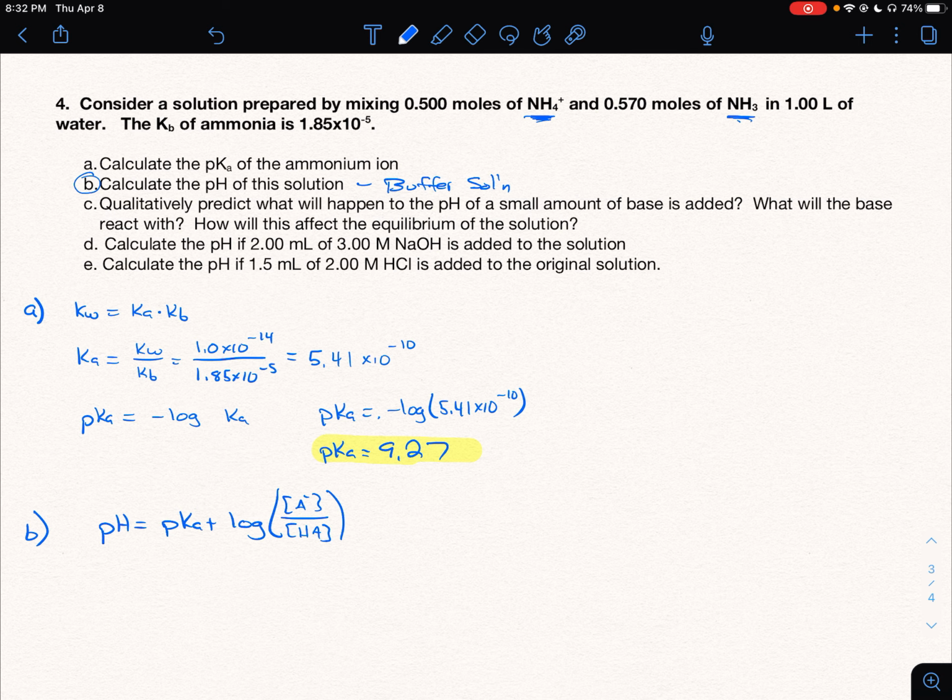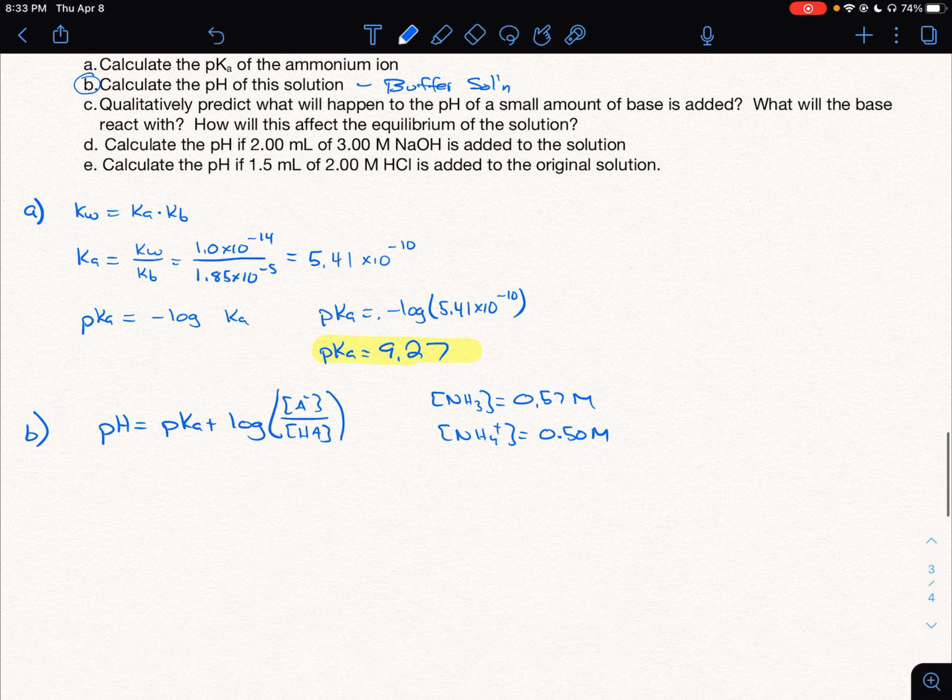Notice we just found the pKa in part A, and our concentrations of conjugate base, we can say concentration of ammonia is going to be, because we're in 1 liter of solution, 0.57 moles divided by 1, or it's going to be 0.57 molar, and the concentration of NH4 plus is going to be 0.50 molar.